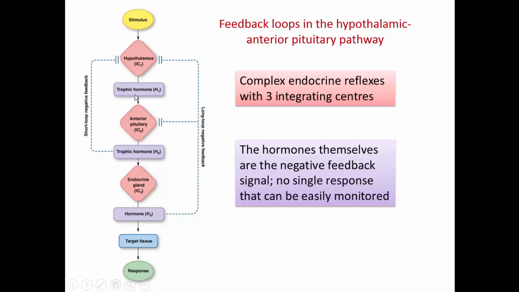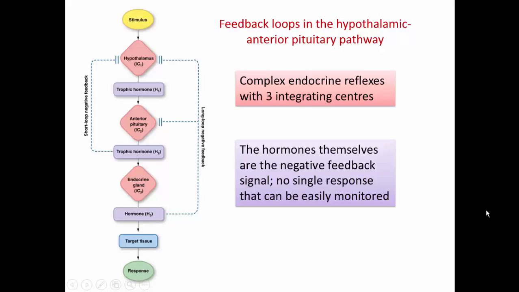It then releases a trophic hormone, which then travels in the circulation to the anterior pituitary. The anterior pituitary then also releases a tropic hormone which targets an endocrine gland. The endocrine gland then secretes a hormone which has a target tissue with a response.